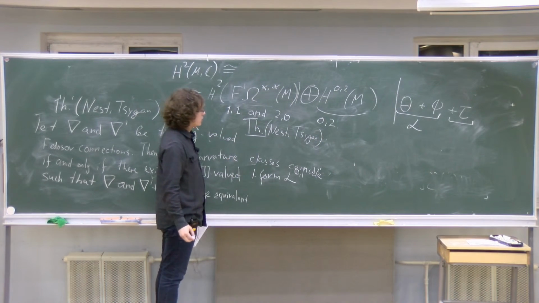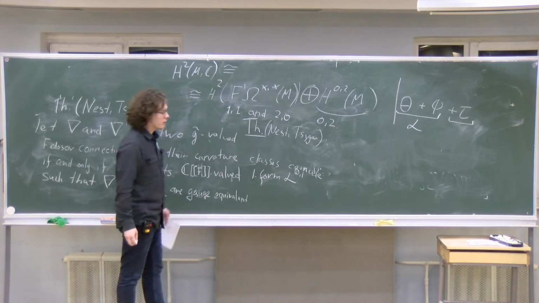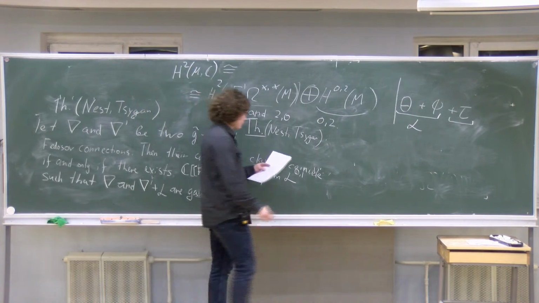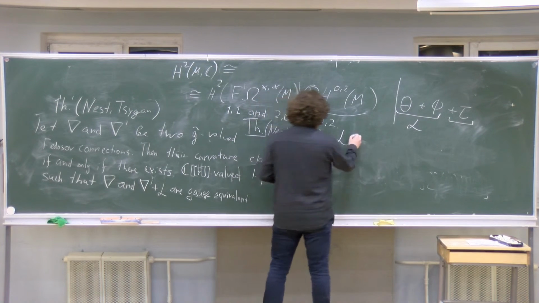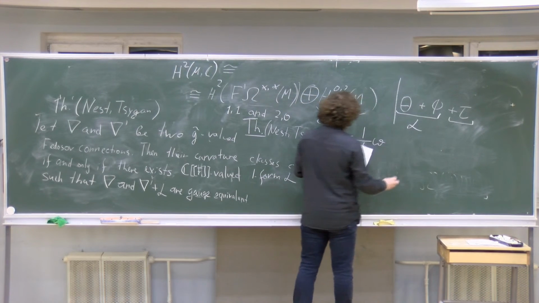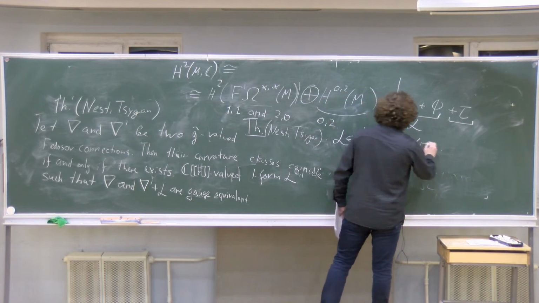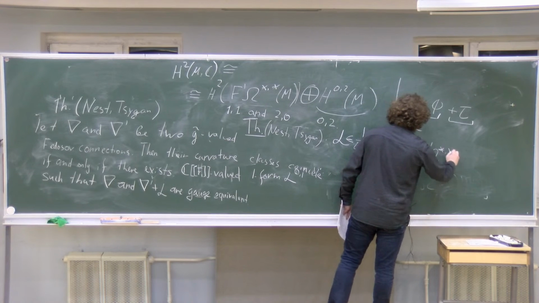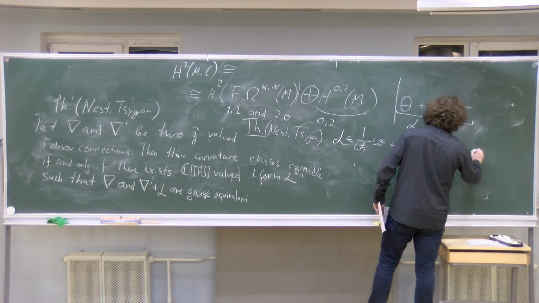So if we have this part of our cohomology class, it looks like this: 1 over h bar plus omega plus, and it is also with coefficients in h bar.